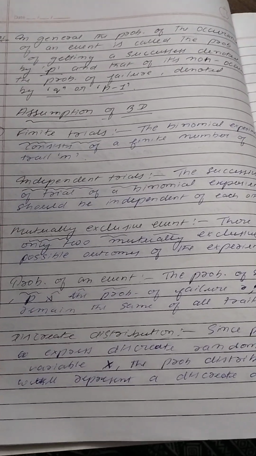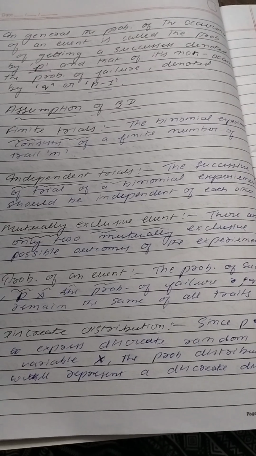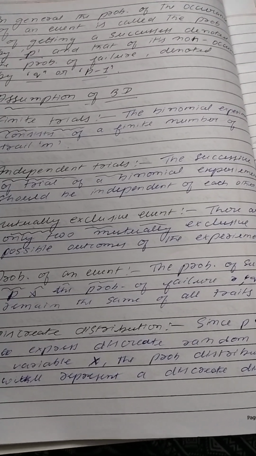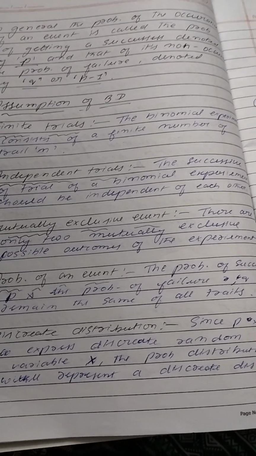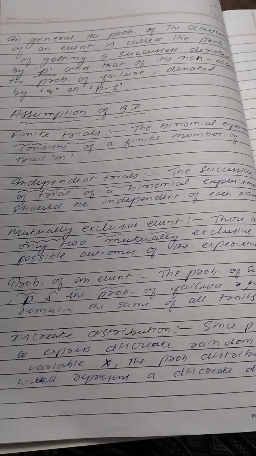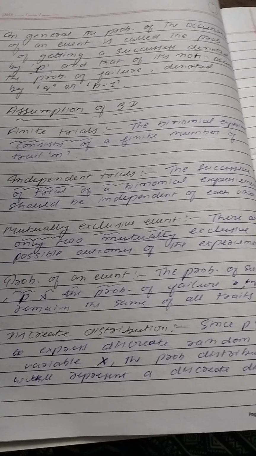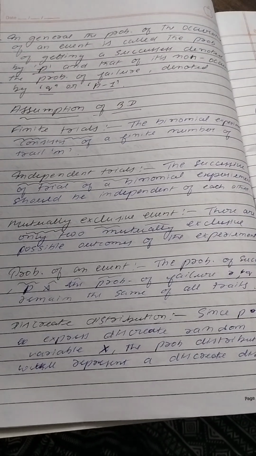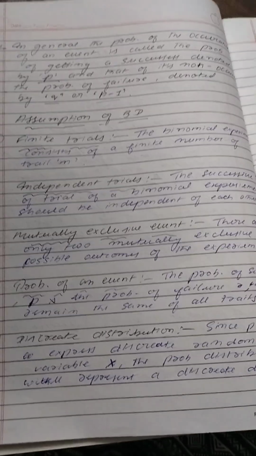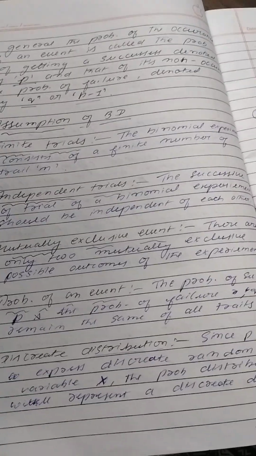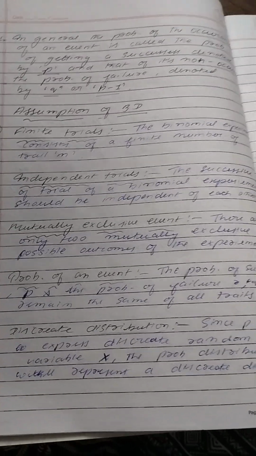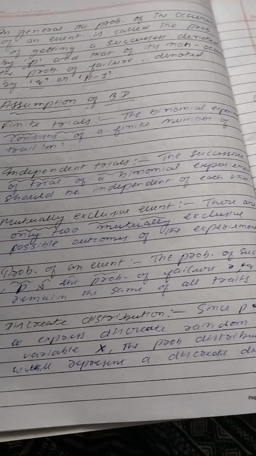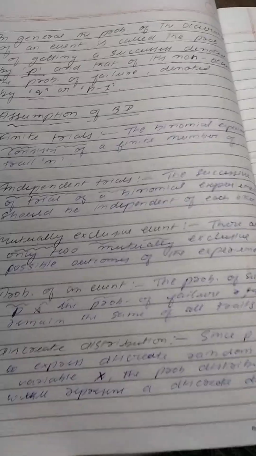Then we have the independent trial. So the successive trials of a binomial experiment should be independent of each other. That means that success and failures, whatever the trials, they should be independent.